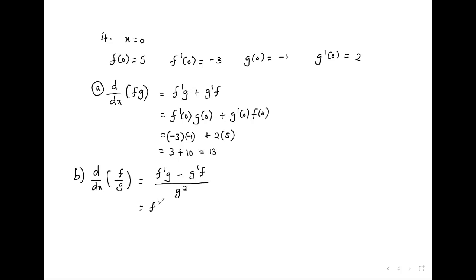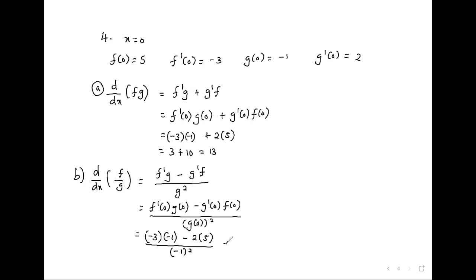So we have f prime 0 g 0 minus g prime 0 f 0 over g 0 squared. So we get f prime 0 is minus 3, g 0 is minus 1, g prime 0 is 2, f 0 is 5, g 0 is minus 1. Then we square it. So we get 3 minus 10, that's minus 7 over 1, which is minus 7.